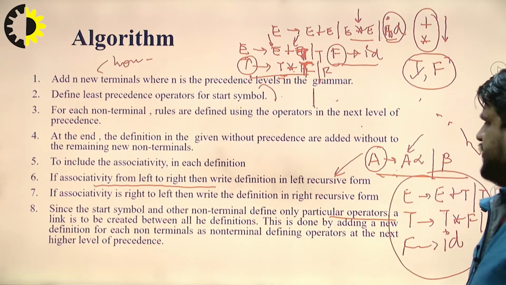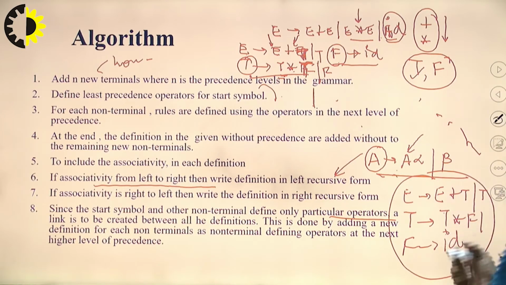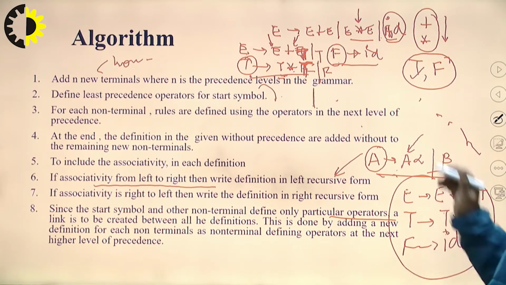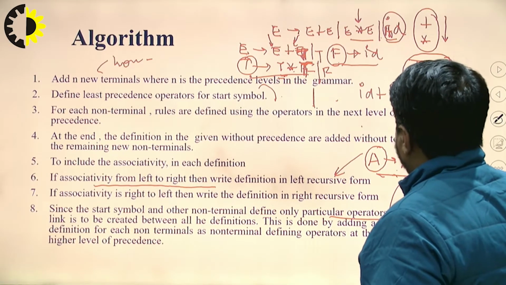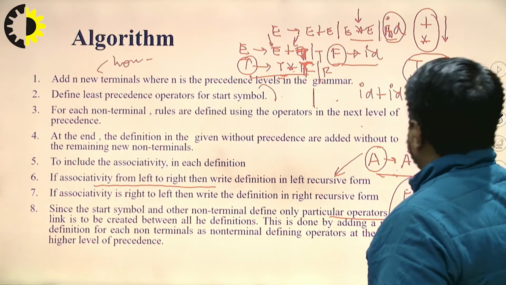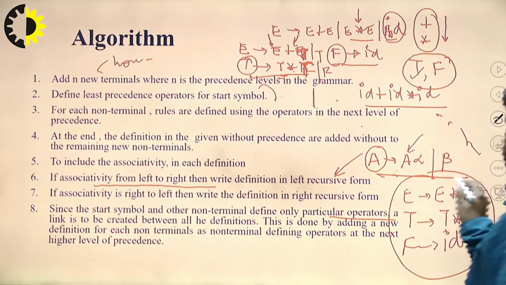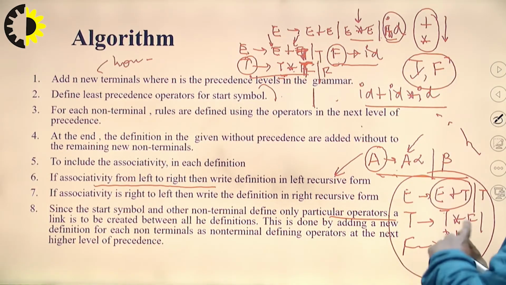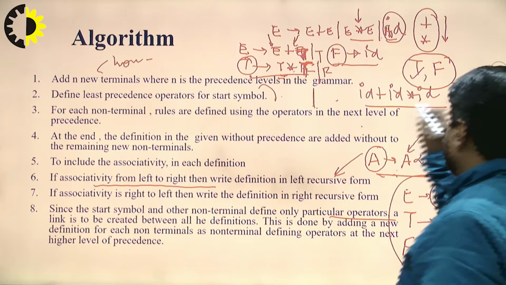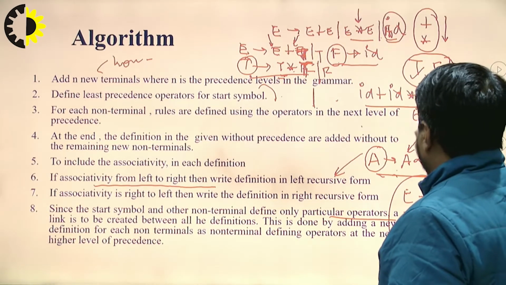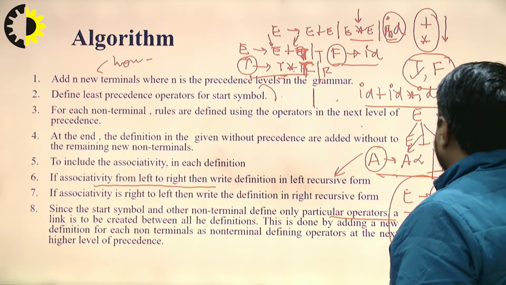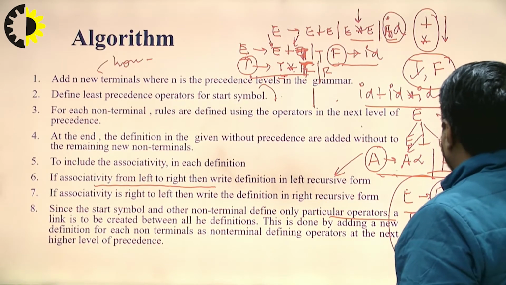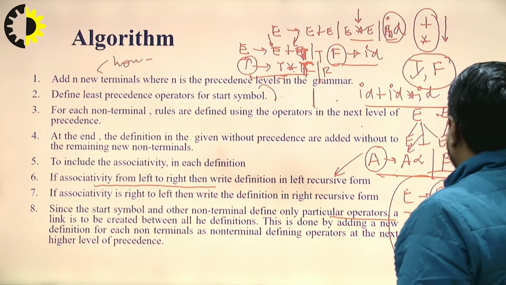How can it be unambiguous? If you want to generate the string ID plus ID multiplied by ID, what do you have to do? You will firstly use this one. So there is no other possibility. You can see previously there were two possibilities. Either you can derive E derives E plus E, or E derives E multiply E, right?